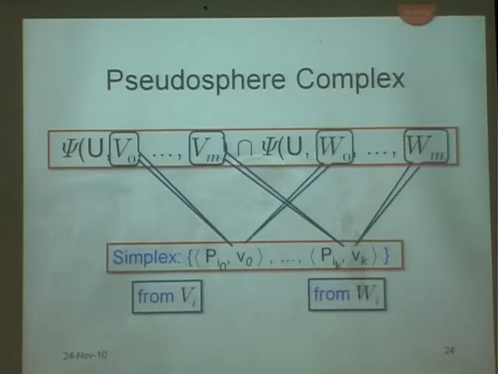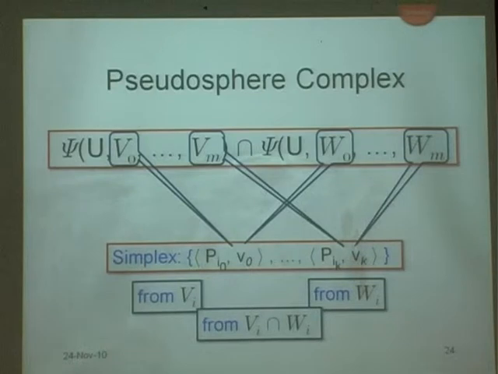But each value also has to be from W sub I, because it's got to be in the other one. And then when you put everything together, it says that each one has to be in the intersection of the 2. So pseudospheres are closed under intersection. You take 2 pseudospheres, you take their intersection, what you end up with is a smaller pseudosphere.